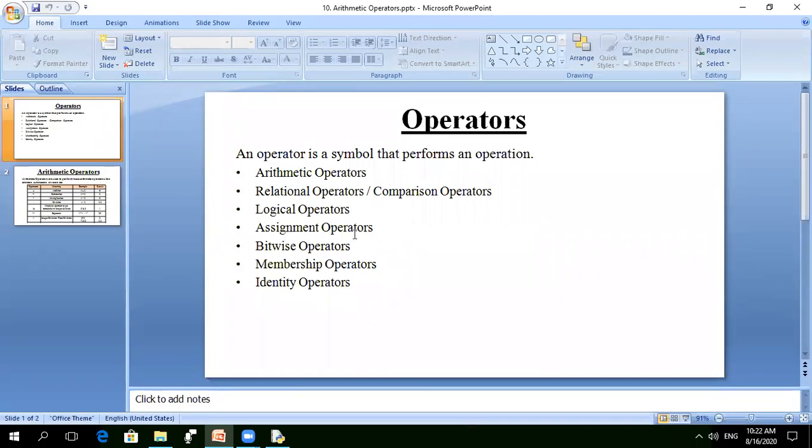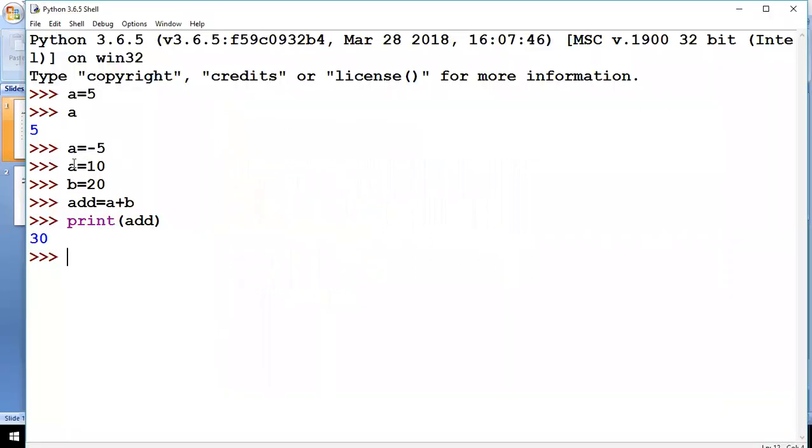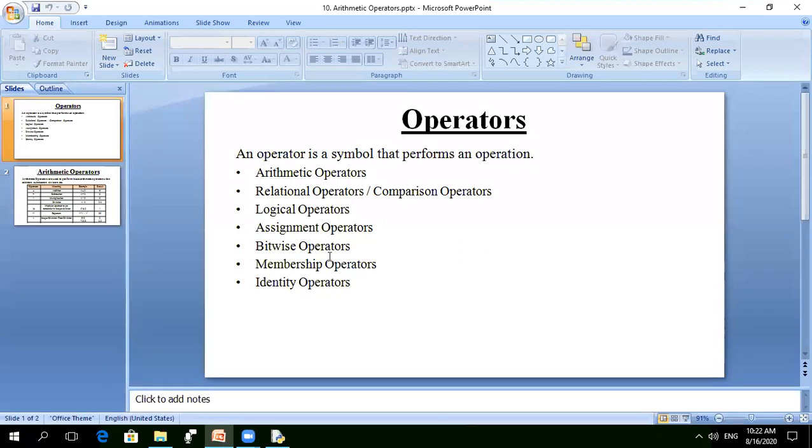Then assignment operator, like this equal sign. Here a equals to 5, a equals to 10, that is called an assignment operator, meaning here we are assigning this 10 to variable a. Then bitwise operator, membership operator, and identity operator. We will see one by one. So the first operator name is arithmetic operator.